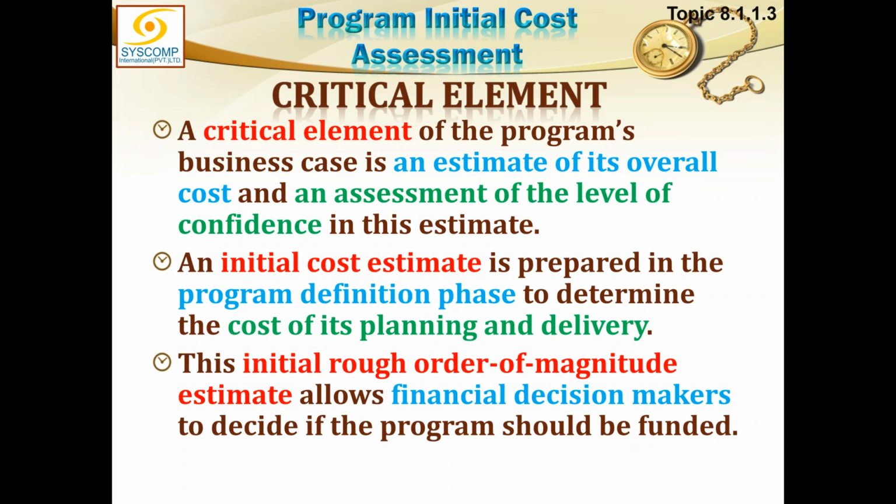This initial rough order of magnitude estimate allows financial decision makers to decide if the program should be funded. So this is basically for the purpose of feasibility. Generally speaking, if this program looks viable as far as the cost is concerned, then it will be started. But this cost is not going to be exact. This is a rough order of magnitude estimate. So here we come up with the initial cost assessment.